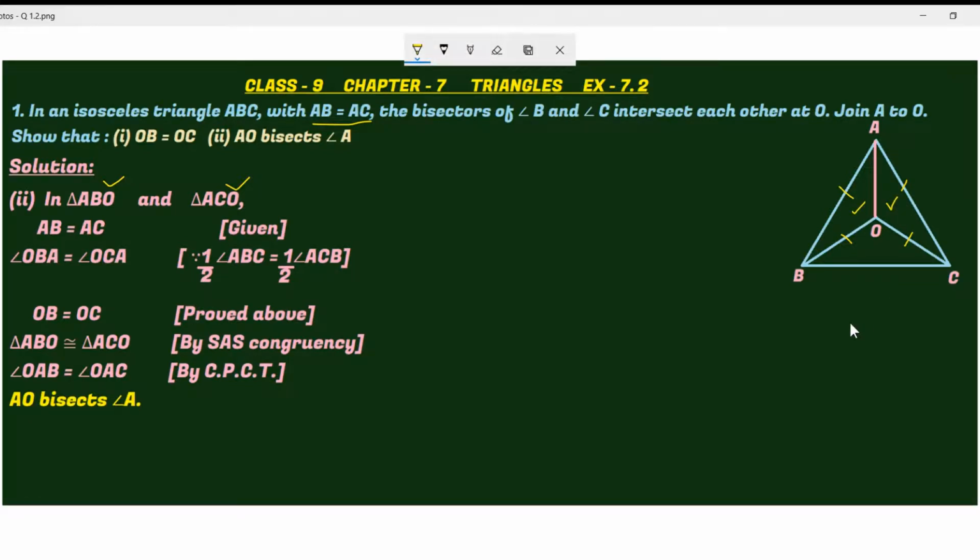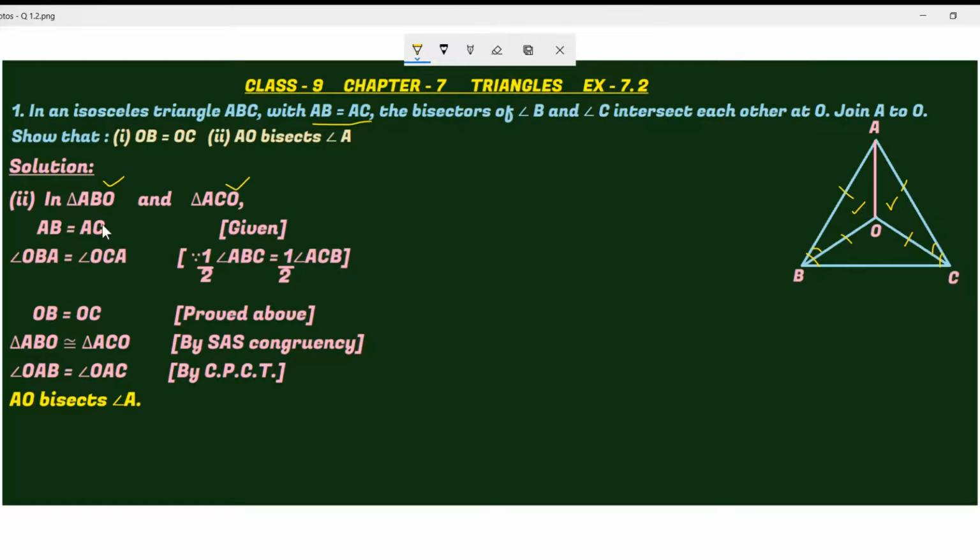One more rule also we can use here, that is you can take these two sides and this angle also, because in the question this is the isosceles triangle and this angle and this angle are equal to each other, and these two angles are half of ABC. So here I have used the rule side angle side to prove these two triangles are congruent triangles.